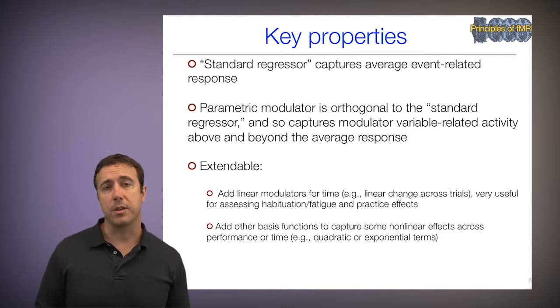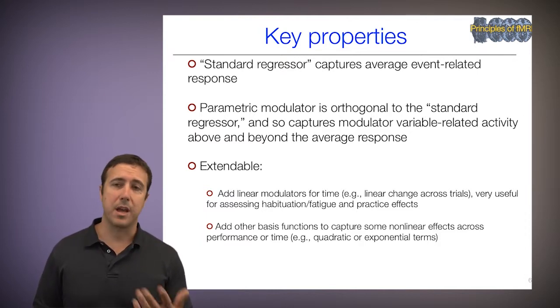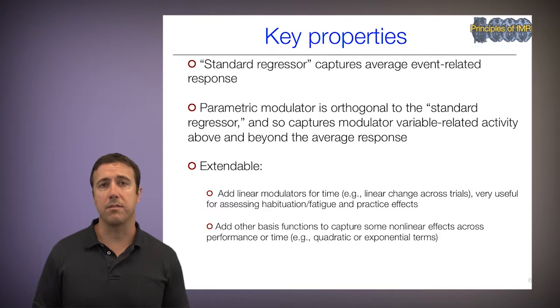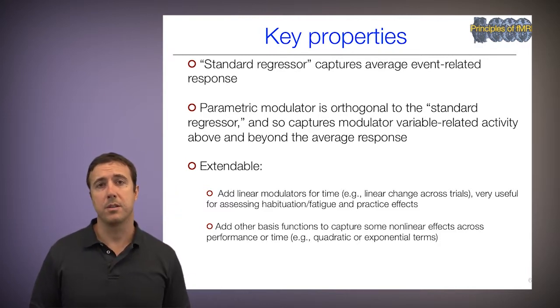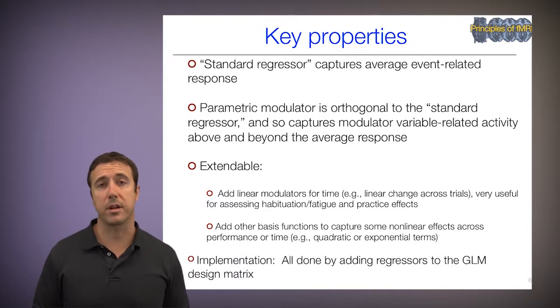And that might be particularly useful because many times reaction time and other sorts of time-dependent effects can often vary exponentially with time. So the power law of practice posits a very similar relationship to an exponential decrease across time with increasing practice.